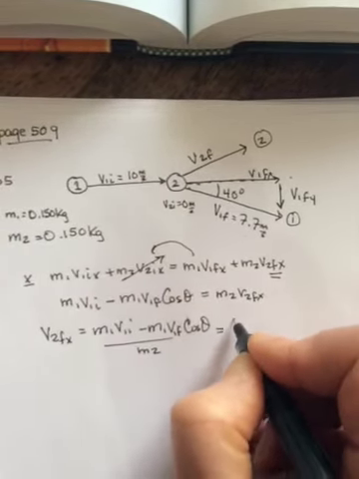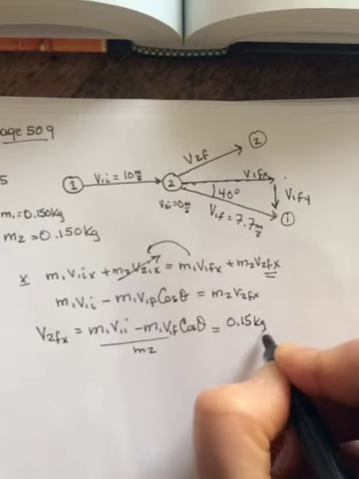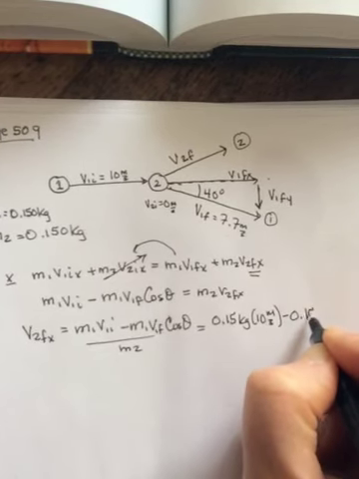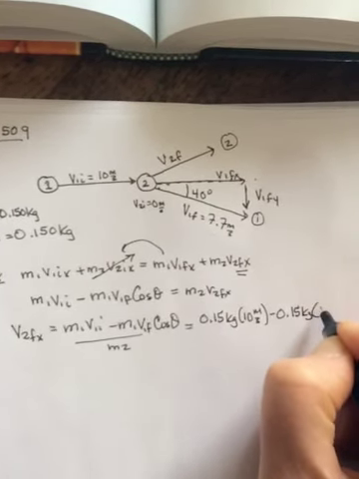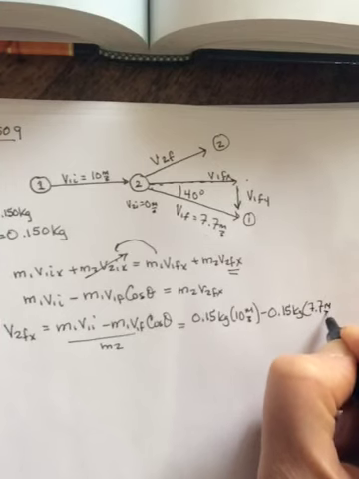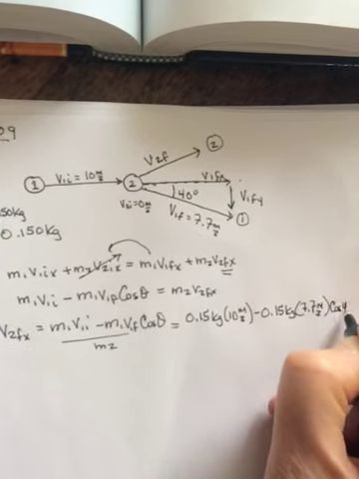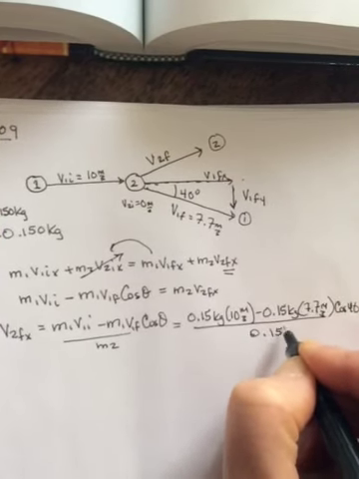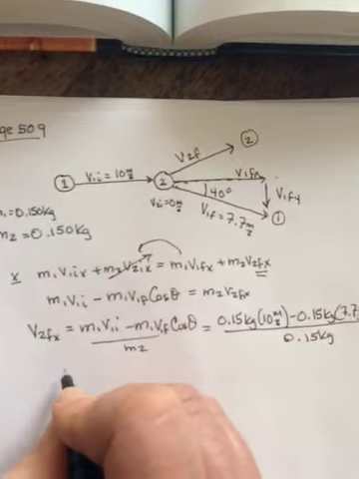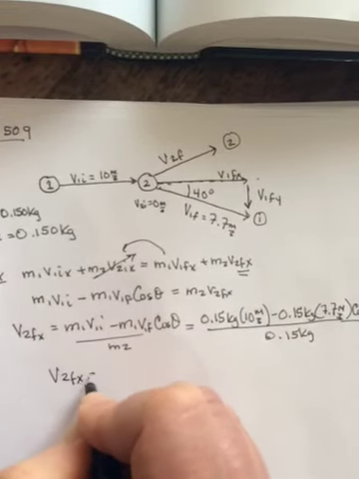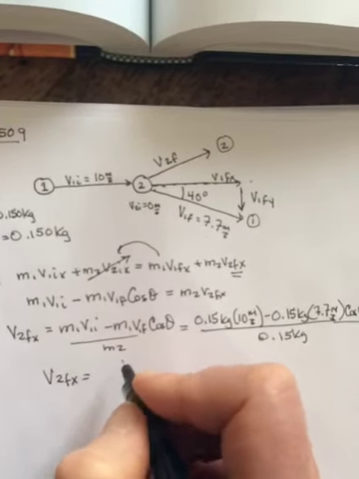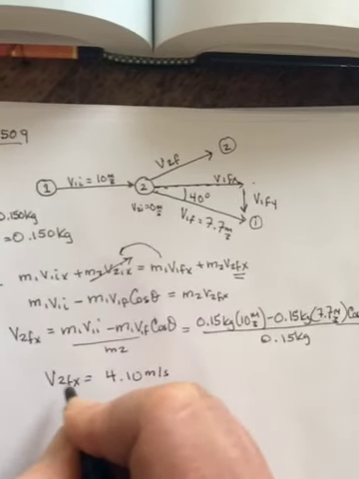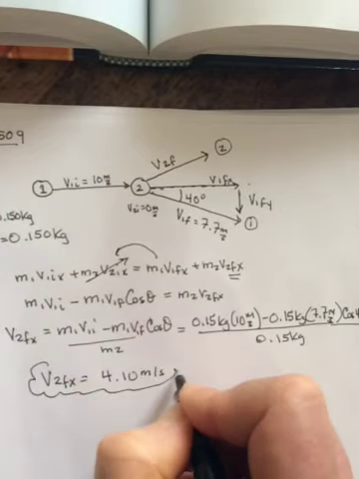And now fill in your numbers. 0.15 kilograms, 10 meters per second, minus 0.15 kilograms, 7.7 meters per second, cos of 40, divided by 0.15 kilograms. Punch all of this into your calculator, get a V2Fx of 4.10 meters per second. Okay, so that's the x component.